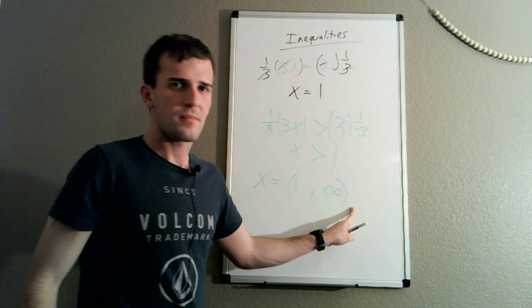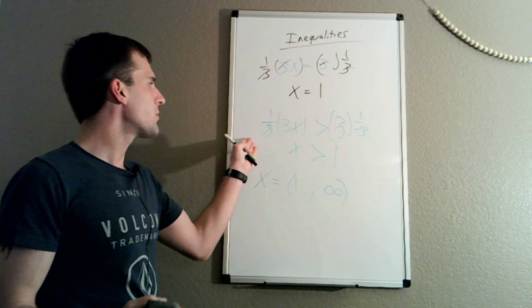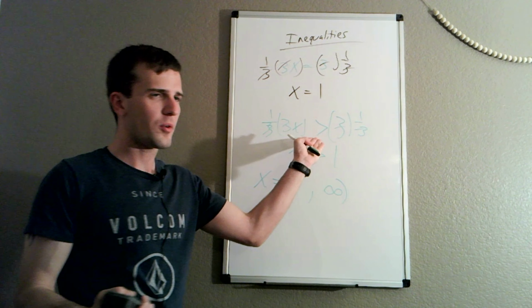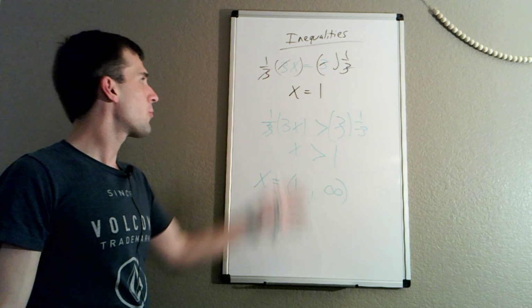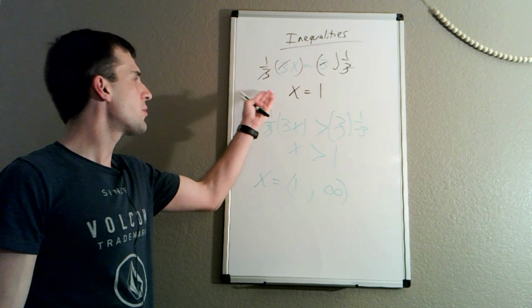Now the caveat with this, the situation where you can't follow exactly the same rules with inequalities as you did with a normal equation, is when you have a negative number on one side and you have to multiply both sides by a negative. So I'm going to put a new example up here. Negative 2x is equal to 5.